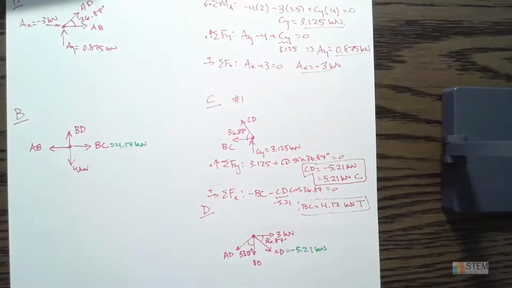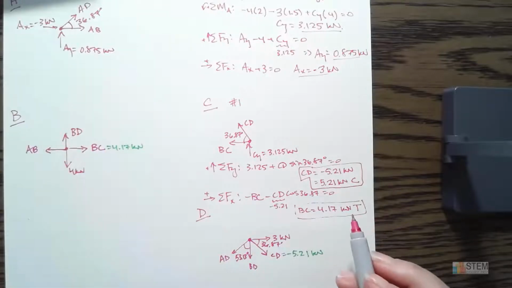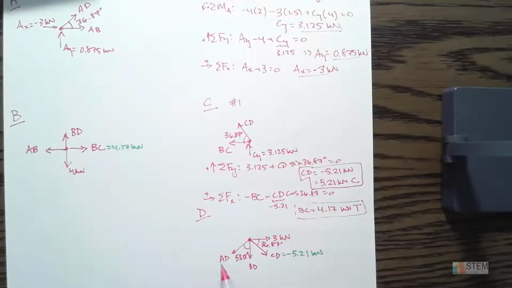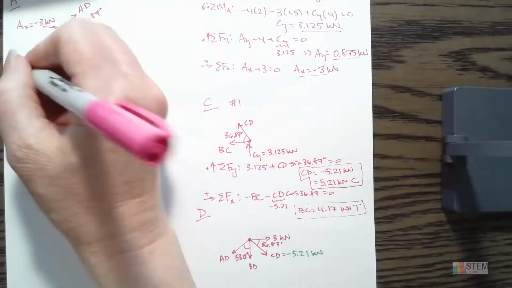Now we'll look and find another diagram with two or fewer unknowns. At this point I could do any of these diagrams. It's not really going to matter which one I choose because they all have two unknowns. So let's just go up here to A.